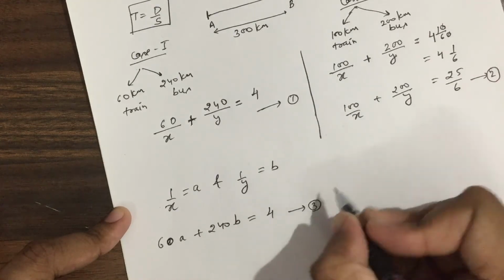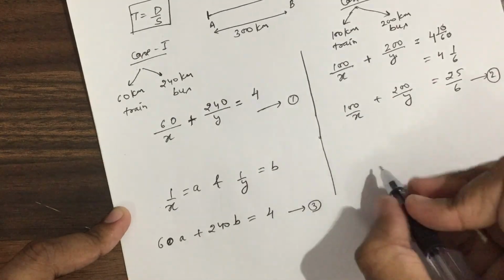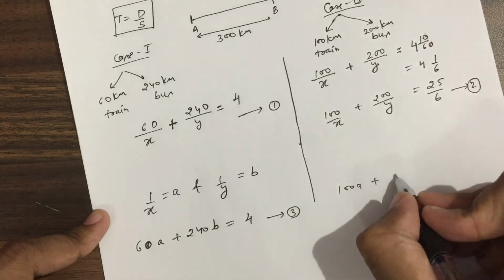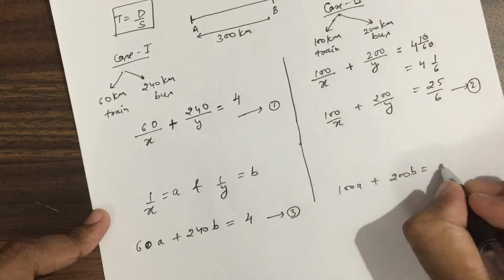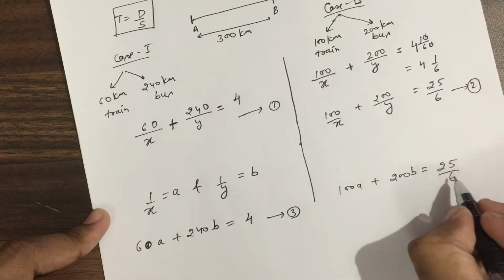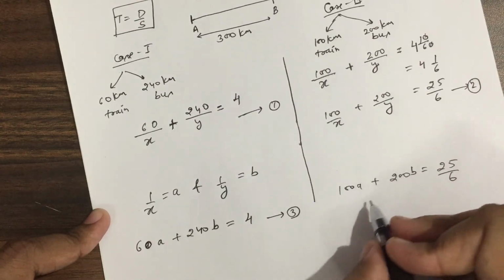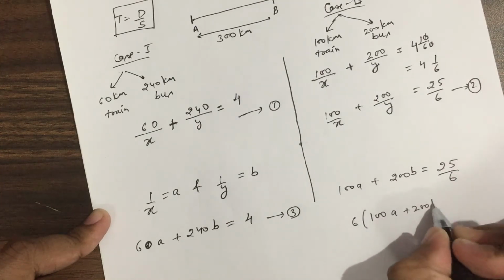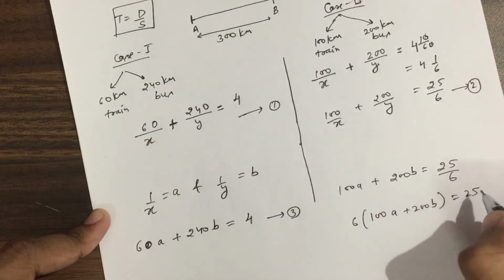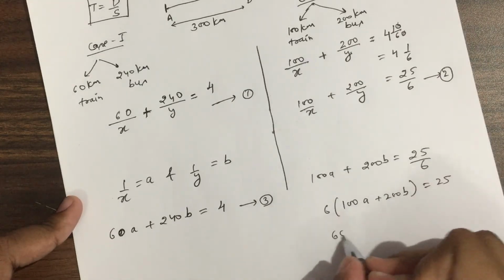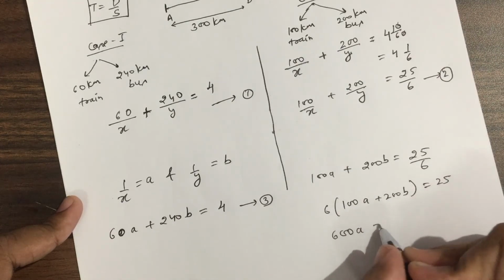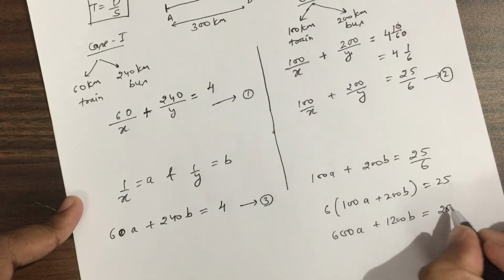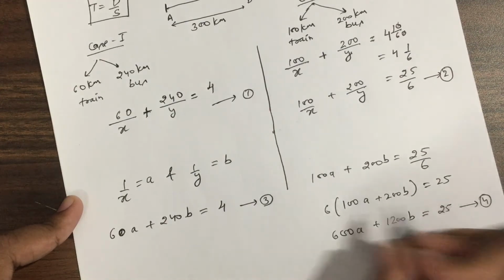This will be your equation 3 and 100a plus 200b equal to 25 upon 6. Cross multiply 6 here. So it will reduce to 6 into 100a plus 200b equal to 25. This will give 600a plus 1200b equal to 25. Mark it as equation 4.